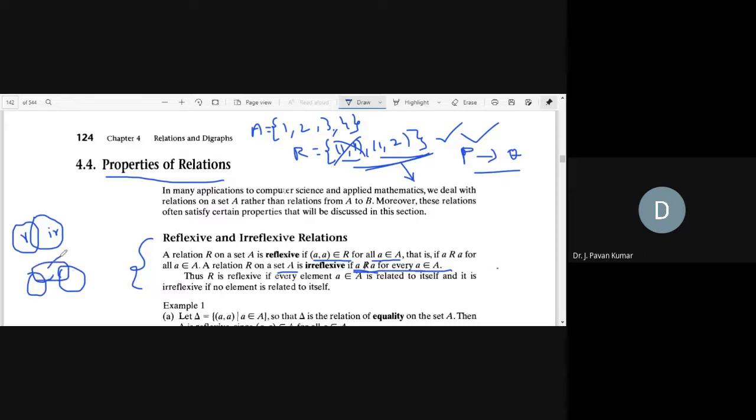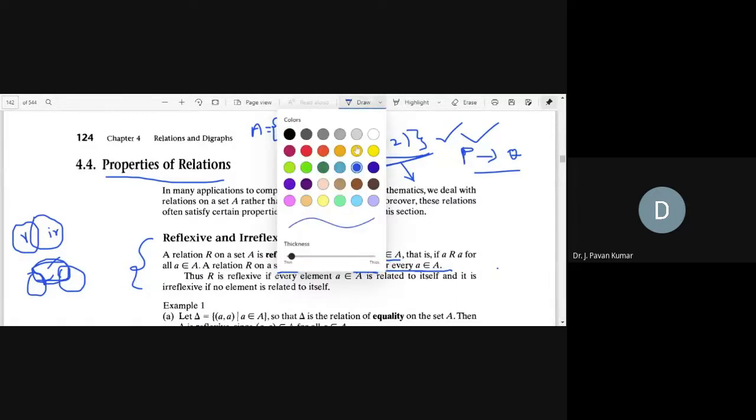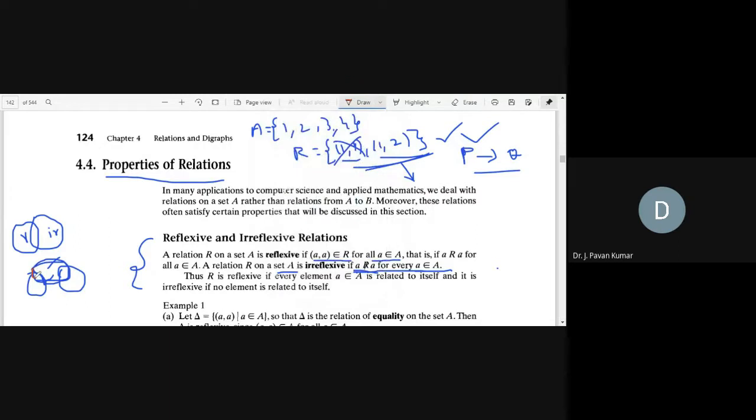These can be irreflexive. This set can be not reflexive, in the sense some of the not reflexive relations are irreflexive, but not all. Similar kind of thing we can argue here as well.